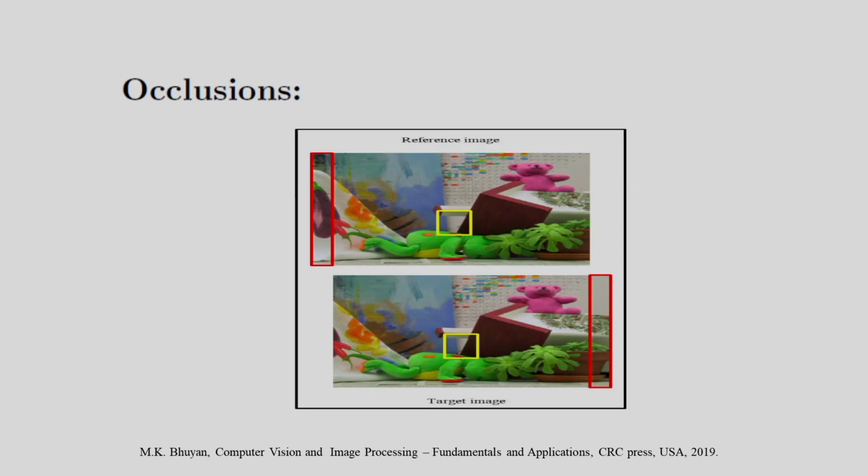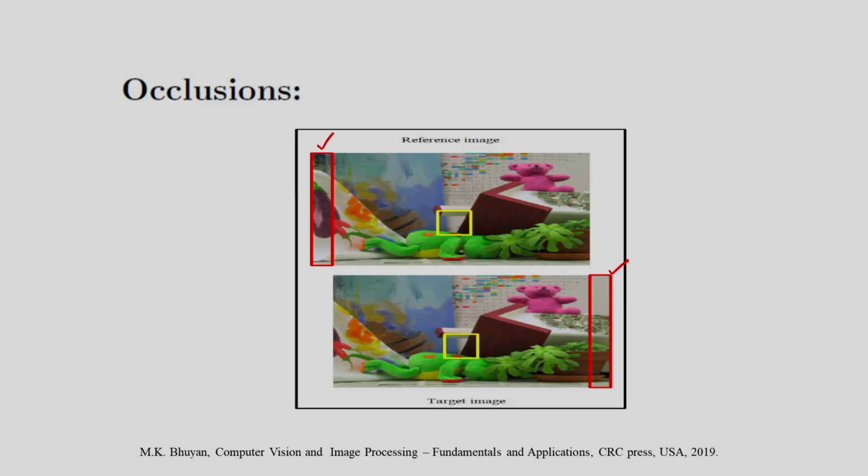Occlusion is mainly because of different fields of view of the cameras. In this example, this portion is only visible in the left image, not in the right image, but this portion is visible in the right image and not in the reference image. So, it is very difficult to find the correspondence for this portion of the image.